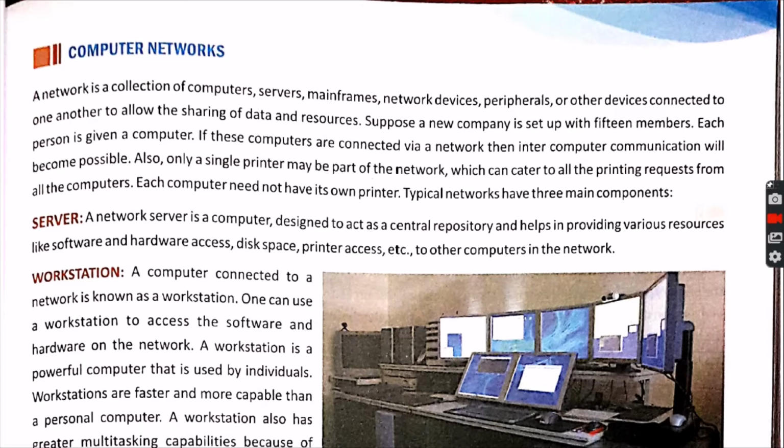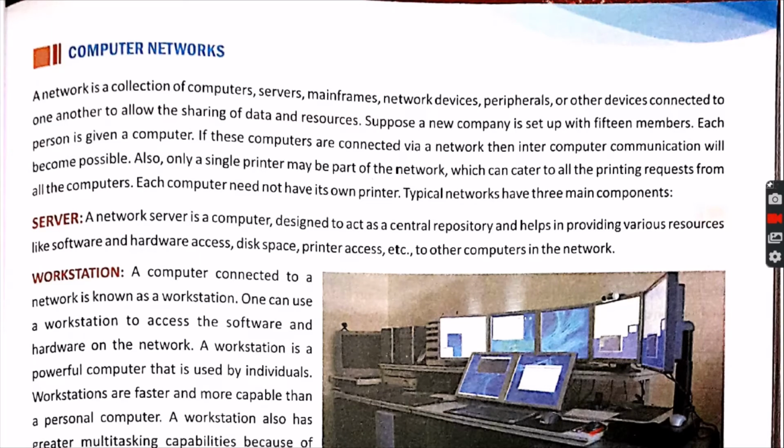And peripherals, what are peripherals? Peripherals are things like a keyboard, mouse, light pen, and many more. These are called peripherals, means the additional devices that you connect to your computer. A printer is also a peripheral.